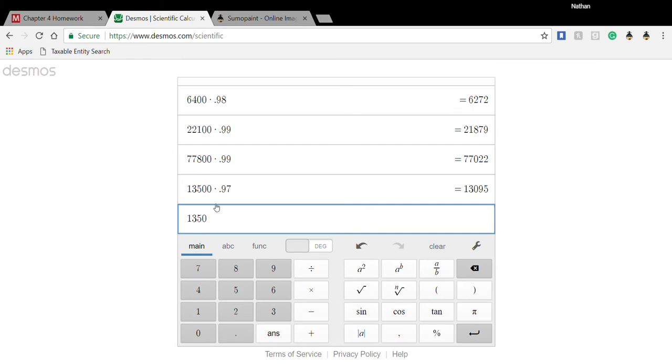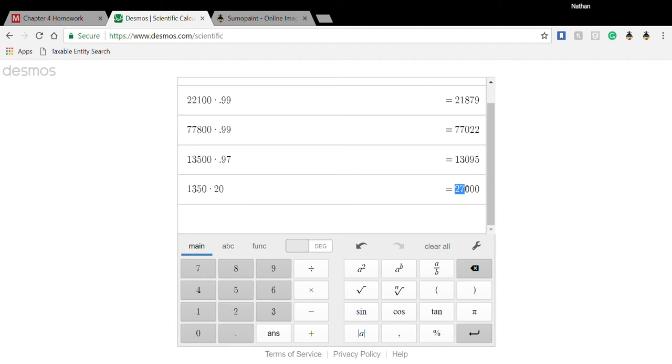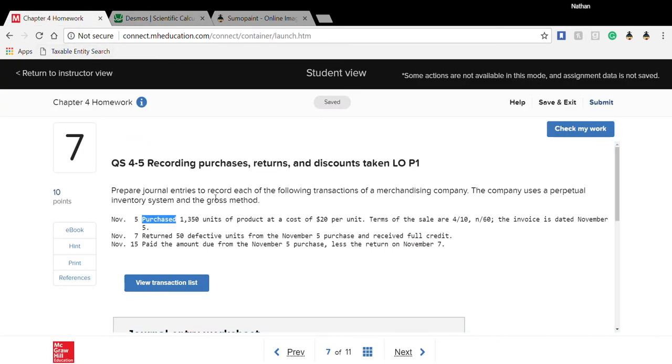So just times it by 20. And this amount right here is the actual cost to merchandise inventory. We actually bought it for $27,000. Okay. Some of these problems you have to do that. It's just getting the actual cost. Now notice this. Our terms for sale is 4/10.